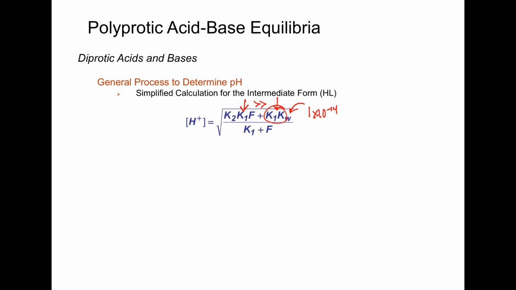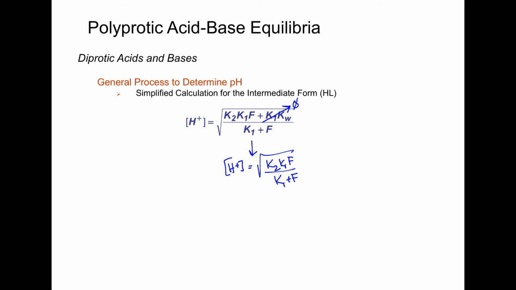It's like saying plus and minus x are not very big, small compared to what we're adding them to. If we assume this portion essentially goes to 0, then we're left with H plus equal to the square root of K2 K1 times the initial concentration over K1 plus the initial concentration. Okay, so that simplifies it some.